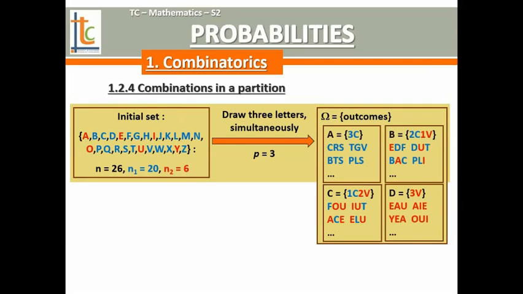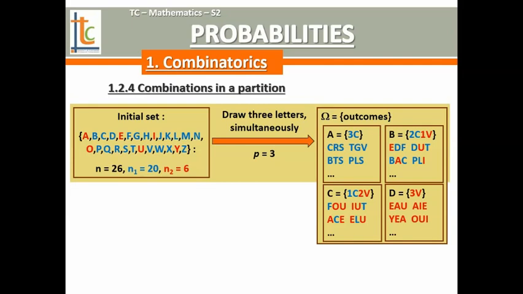So it could be interesting in some situations to separate subsets inside omega. Then we can calculate separately the number of elements of the subset A, of B, of C, and of D.